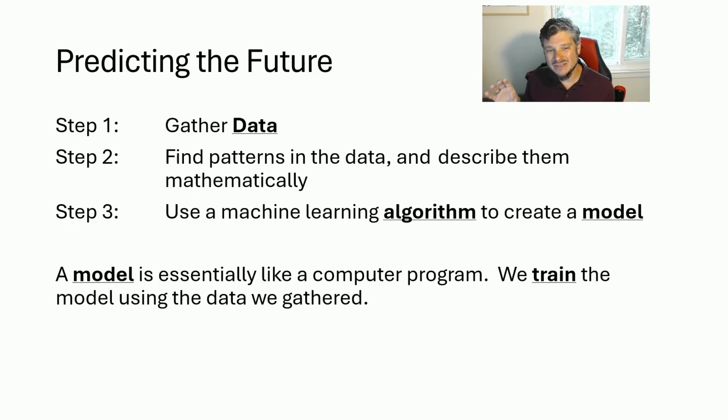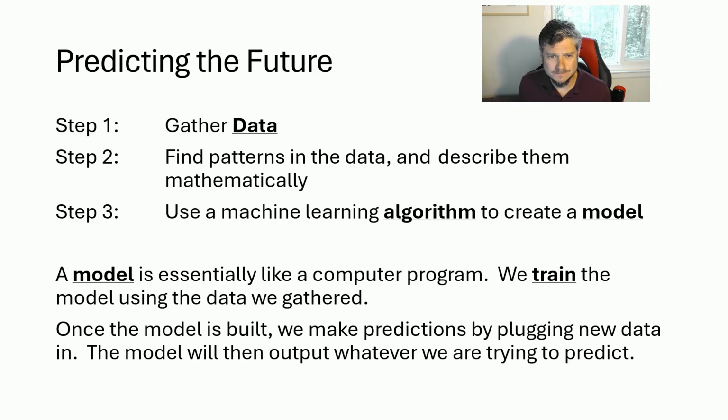And that model, we can almost think of like a computer program. We train our model using that data, and then we can use that computer program and kind of ask it questions to help us figure out what might or might not happen in the future. And again, once that model is built, we have to make those predictions by plugging in new data, and the model is going to output whatever it's going to output.